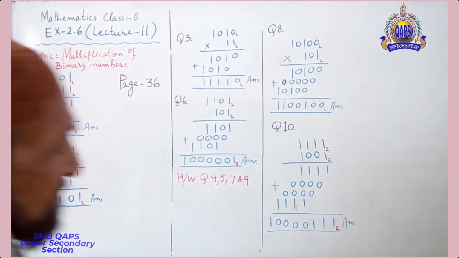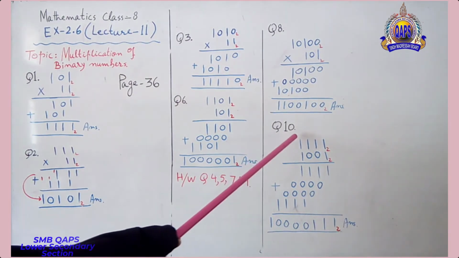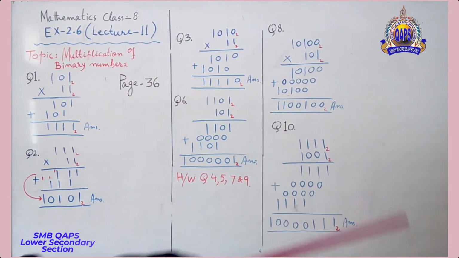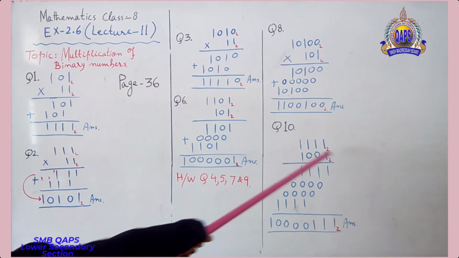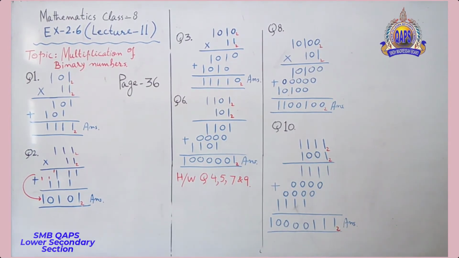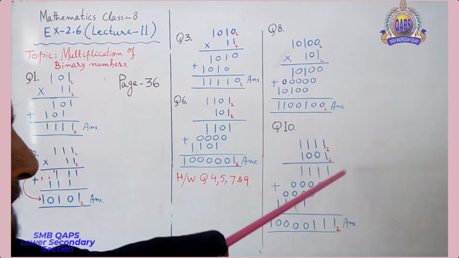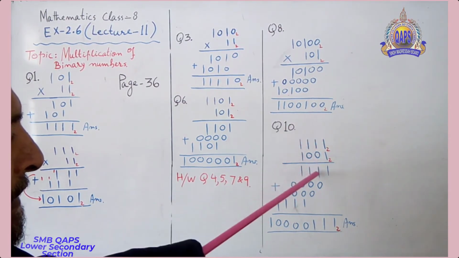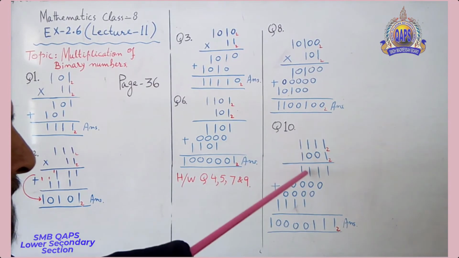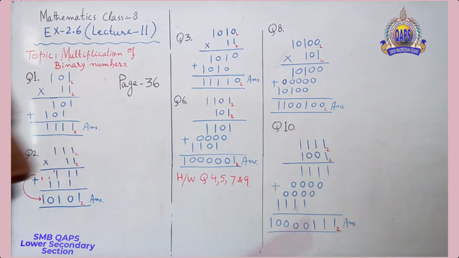Question. 1, 1, 1, 1 multiply by 1, 0, 0, 1. All base power 2. I put a red mark over there. Now multiply. 1 ones are 1. 1 ones are 1. 1 ones are 1. 1 ones are 1. Finish.